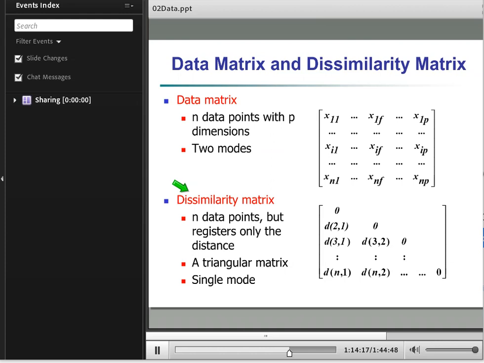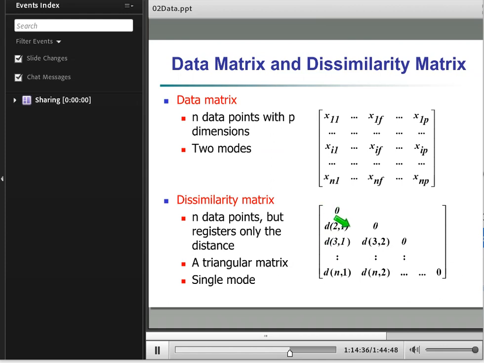Dissimilarity is 1 minus similarity. Similarity and dissimilarity are vice versa.